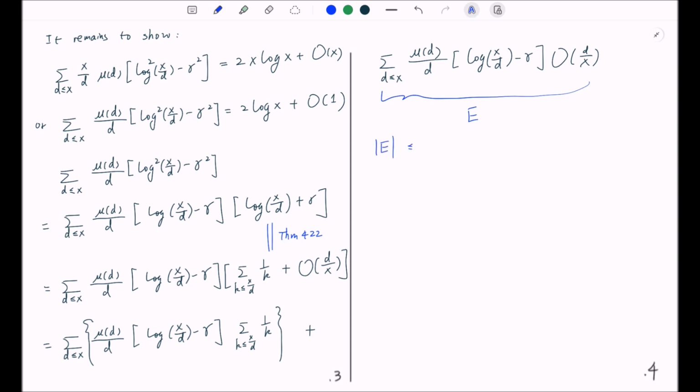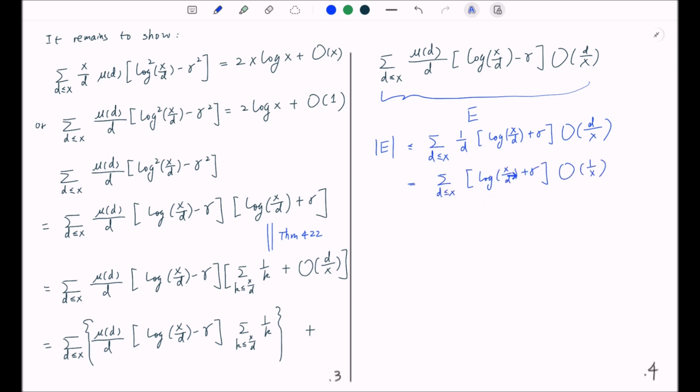What we do is that for the individual summand, mu of d is bounded by 1. And this difference is bounded by its sum, namely log of x divided by d plus gamma. And we will keep big O of d divided by x. Now, this 1 over d cancels with the d here.